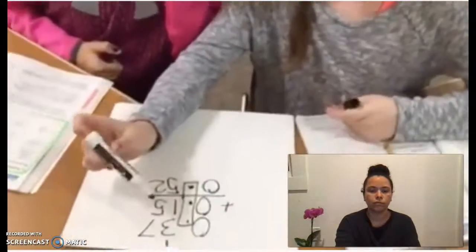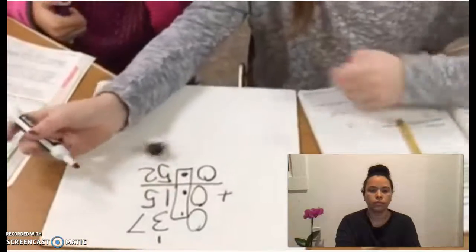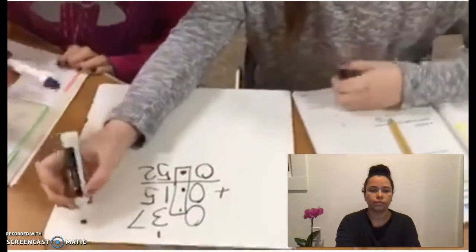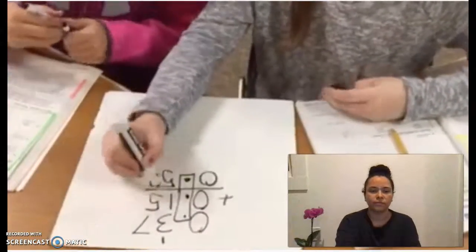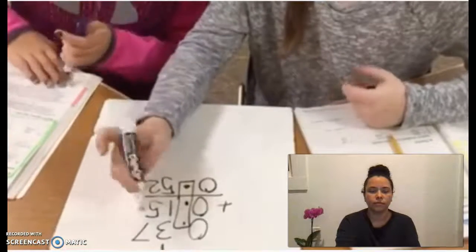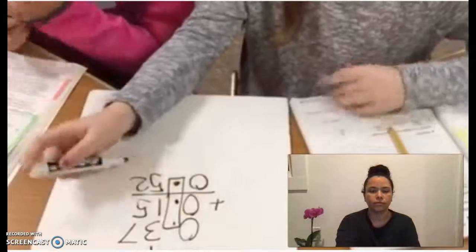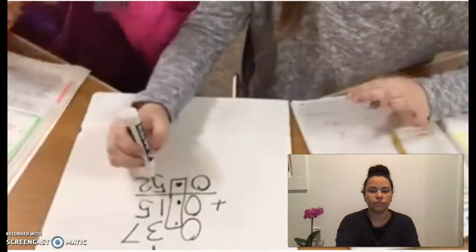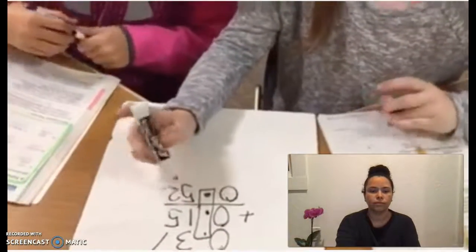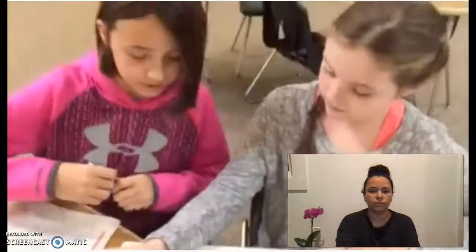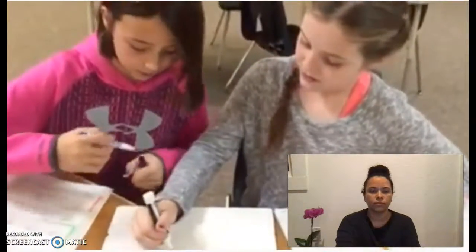Because when you estimate, this would be probably 4/10, and this would be about 2/10, and 4 plus 2 is 6/10, and 6/10 is close to 52 hundredths. So you mean like 60 hundredths, because that would be a place. 60 hundredths would be close. Yep. Nice job.